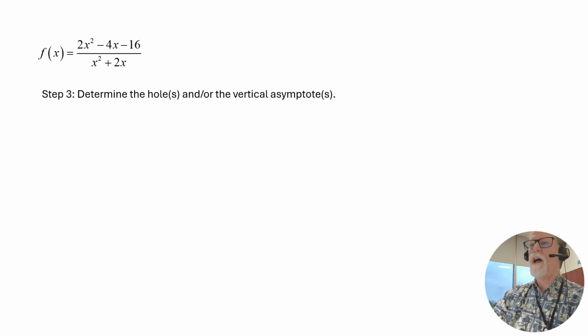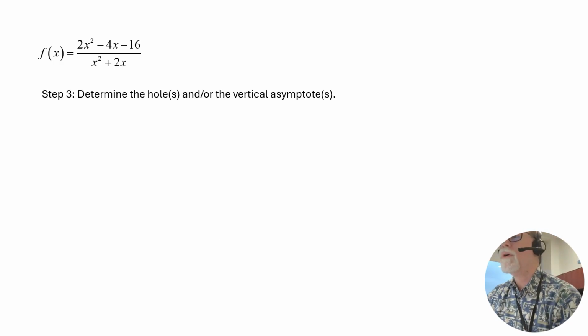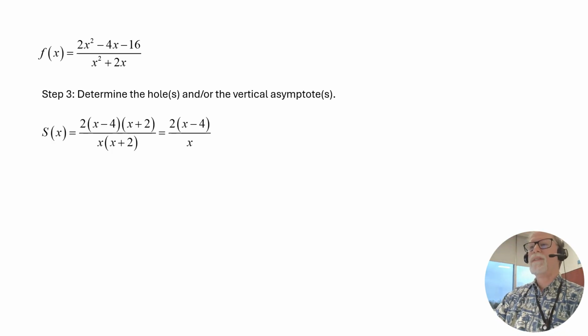All righty, moving on. Is it a hole or is it a vertical asymptote? Which is it? So in order to do that, simplify the function completely. We've already factored it in the first two steps, so I just organize the factors. I can see which factor cancels. So that particular value will no longer cause us to divide by 0 in the simplified version.